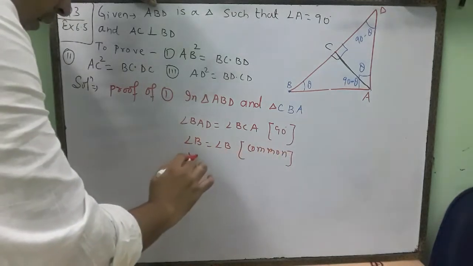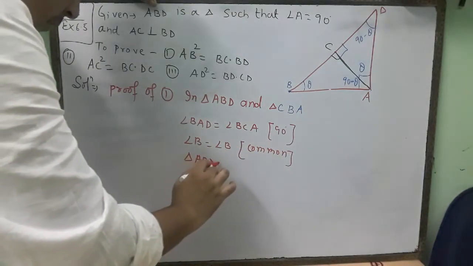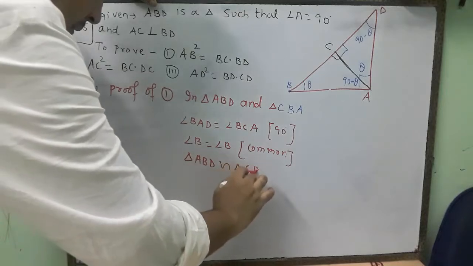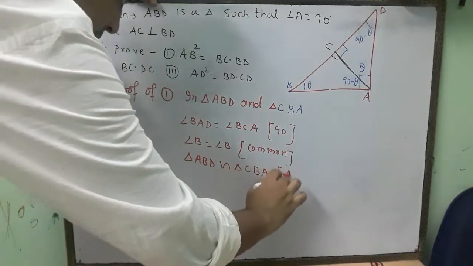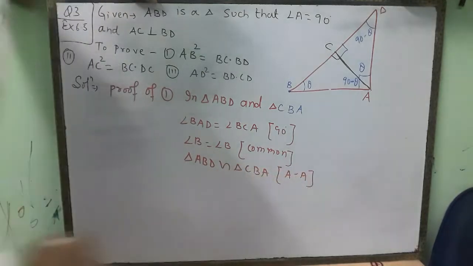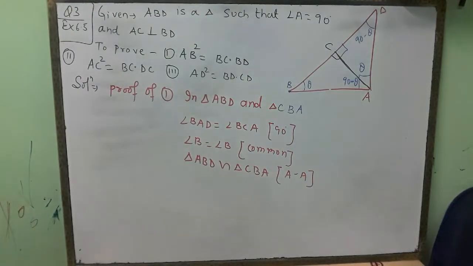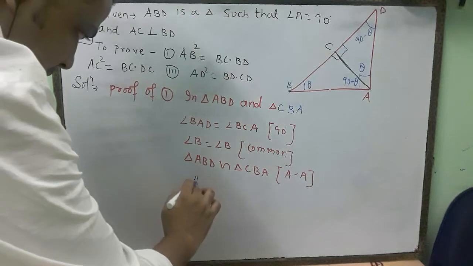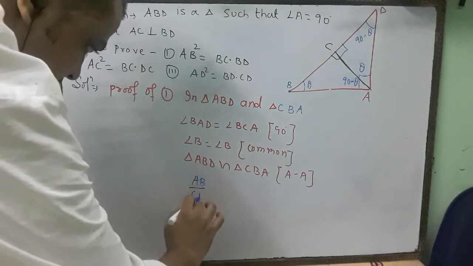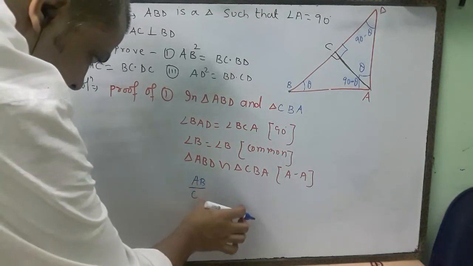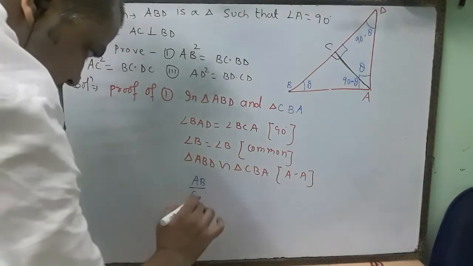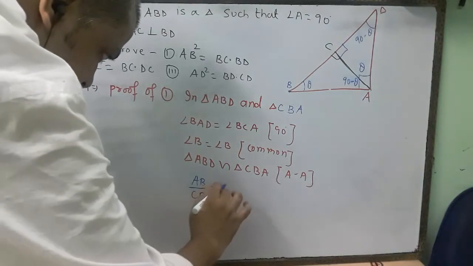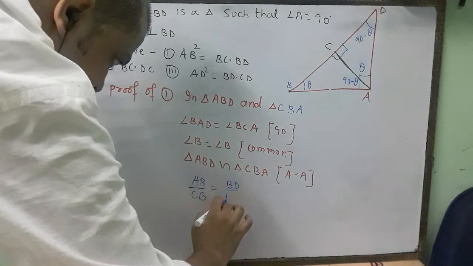Now triangle ABD is similar to triangle CBA, the criteria being angle-angle. After similarity, we can say that AB divided by CB is equal to BD divided by BA.